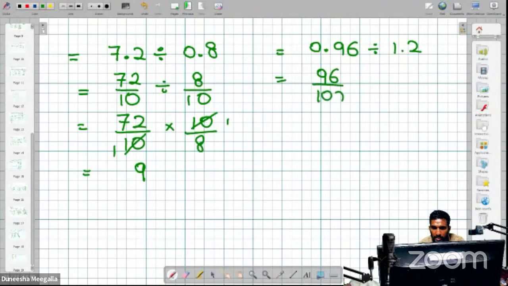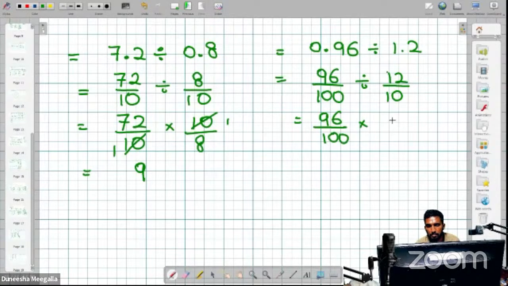Yes. Divided by 1.2, how can we write it? Ludisha? 12 over 10. Yes, 12 over 10. 96 over 100, multiply by the reciprocal of 12 over 10, which is 10 over 12. We can divide.